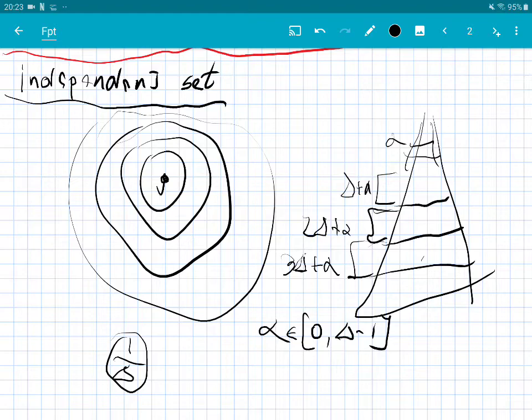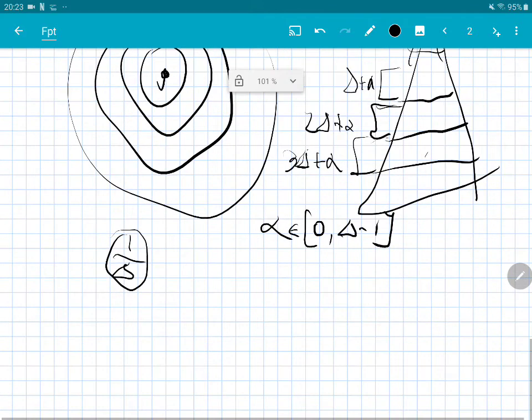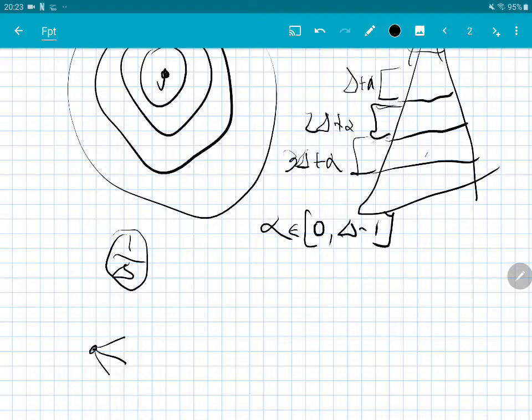So why is this interesting? Let's think about the independent set. We have a planar graph. In a planar graph, there is always a vertex of degree at most 5. This follows directly from Euler's formula.